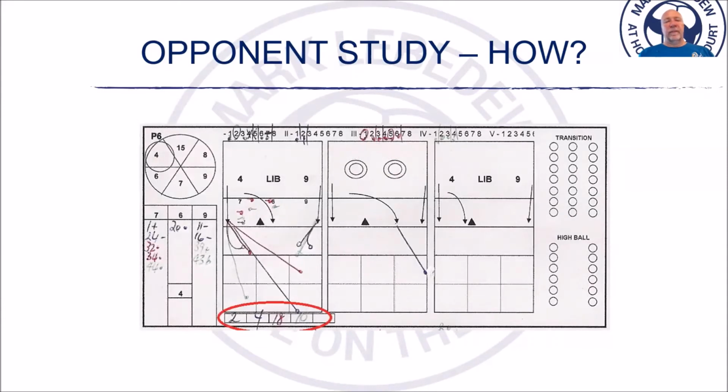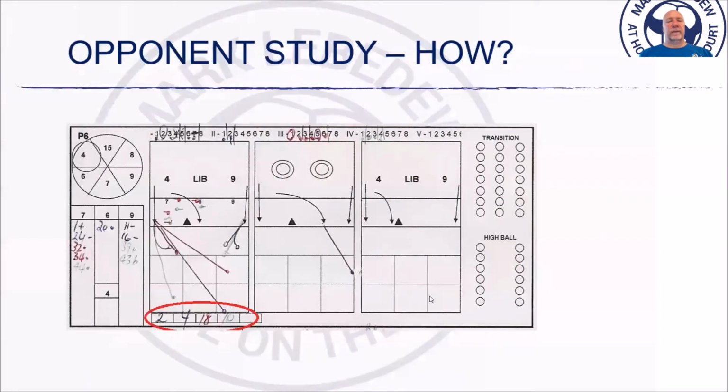Here in this live scout, we were also watching who the opponent serving in each rotation was, because that could give us a little bit of extra information, who the server was.